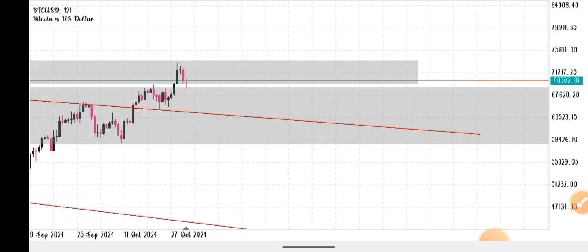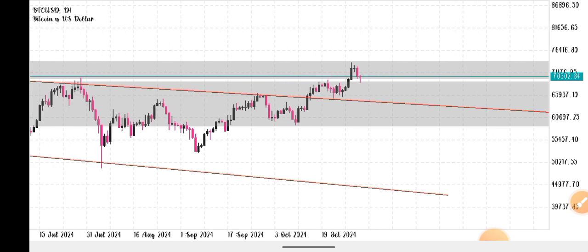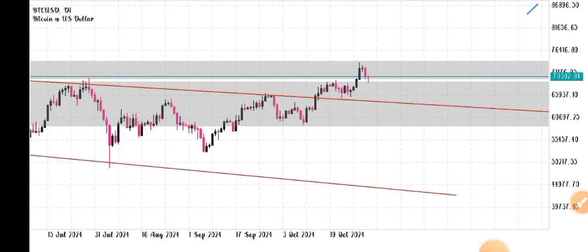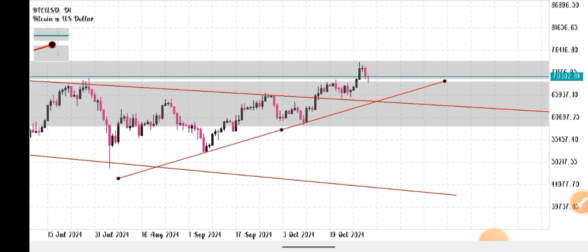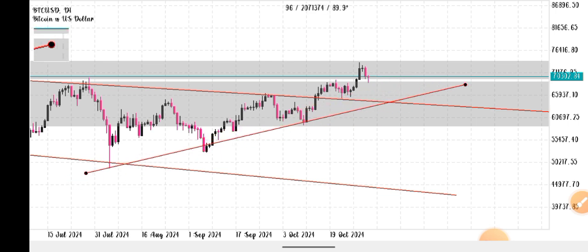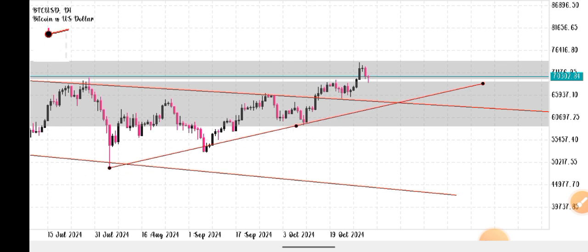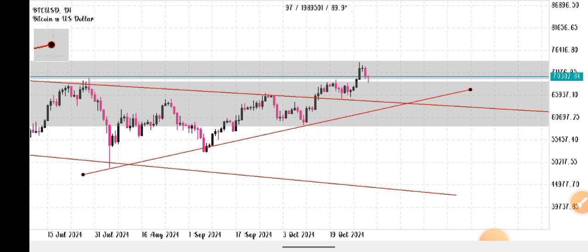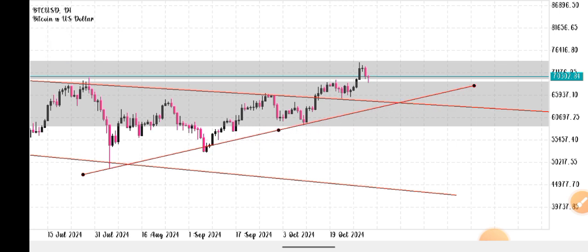We have price going upwards, so I'm going to put another trend line. Okay, I'm going to put another trend line like this. It doesn't have to be perfect. It's just to tell us that price is going in the upward direction.